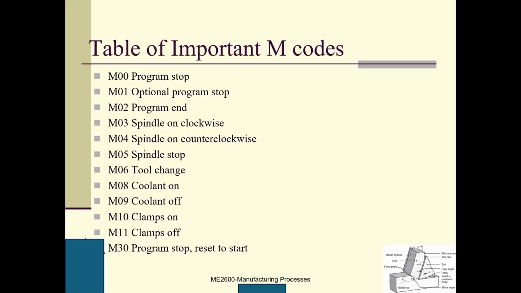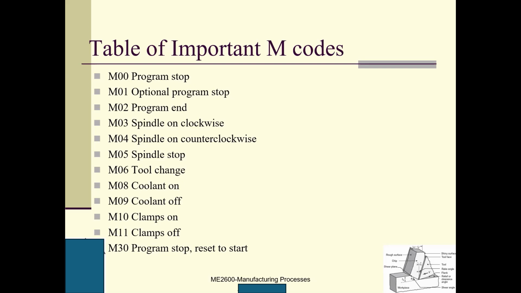Program end means my program runs from the very beginning to the very end. But program stop is when something happens and I just stop it, if some conditions are met. Make sense? End means the natural end, natural finish. But stop means that if some conditions are met, I want my program to stop.